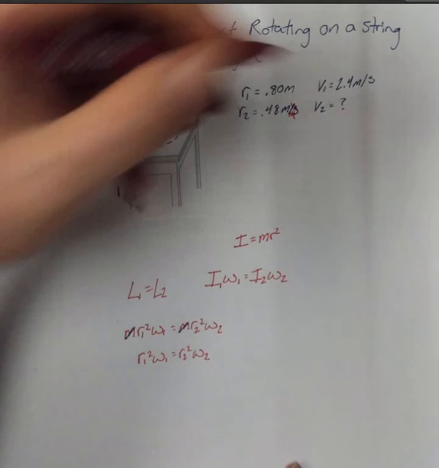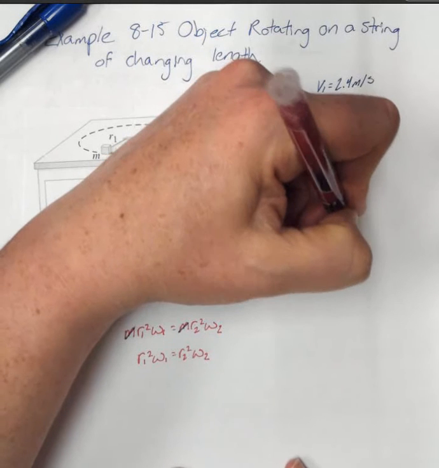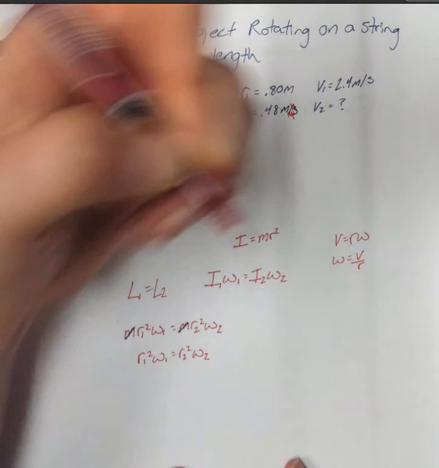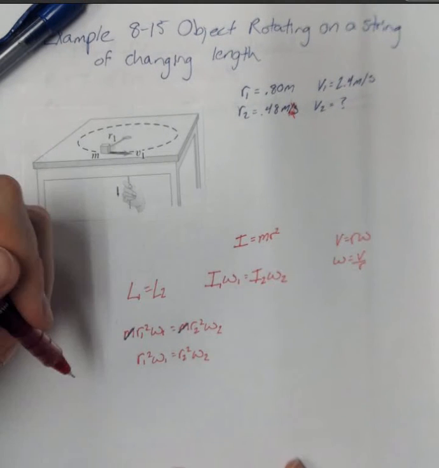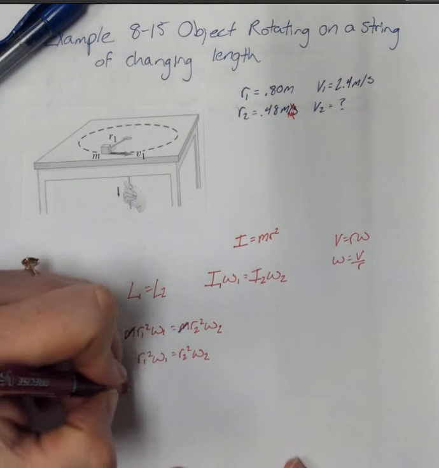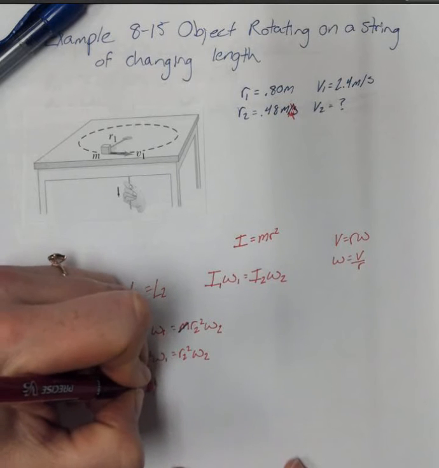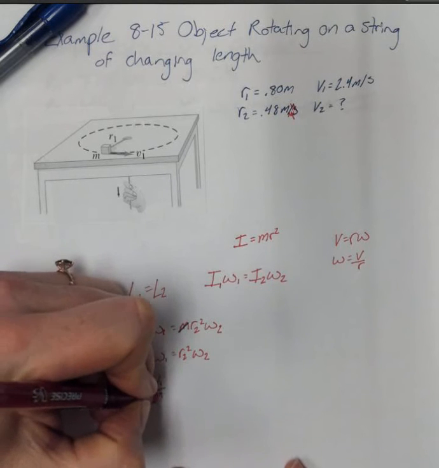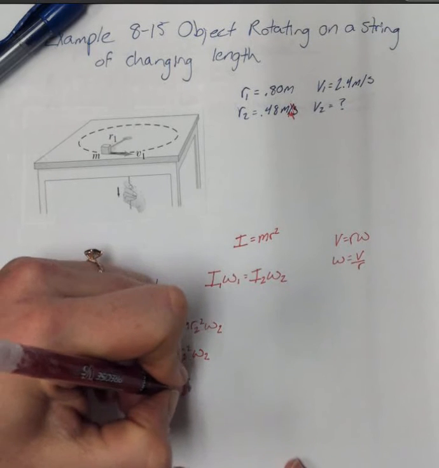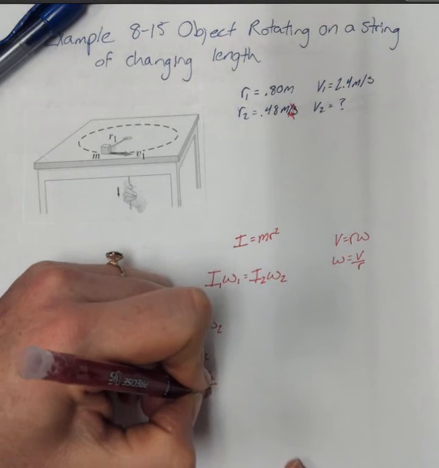And I'm given a linear velocity, so I know my relationship is v equals r omega. So omega is going to equal v over r, and I'm going to replace that into the equation. And it's going to be r1 squared times v1 over r1 equals r2 squared times v2 over r2.